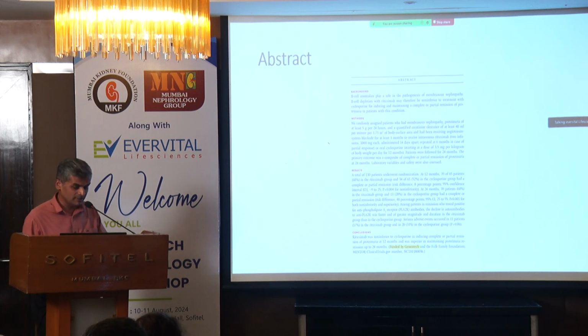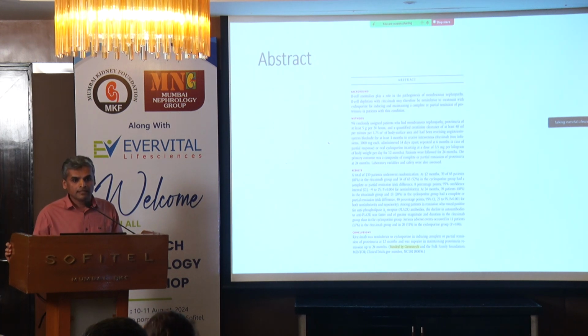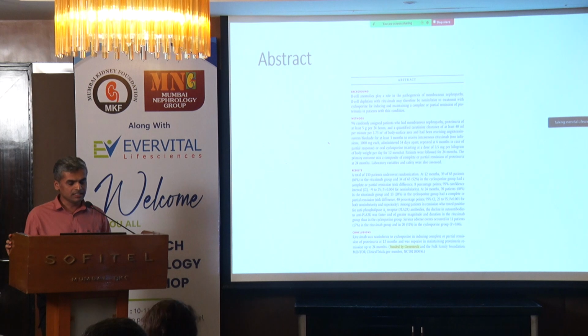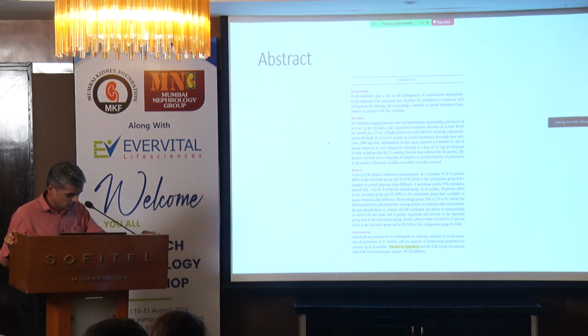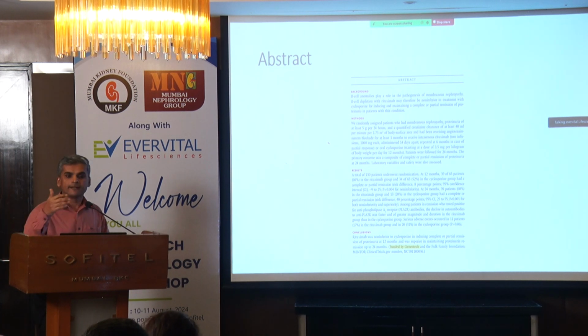Now, how do we go about the abstract? I don't generally read the abstract at the first go. I read it on only two occasions. One is when I want to do a literature search and want to know what exactly the trial was. The other is when, in the clinic, there is a patient in front of me and I want to recall some data in terms of numbers.